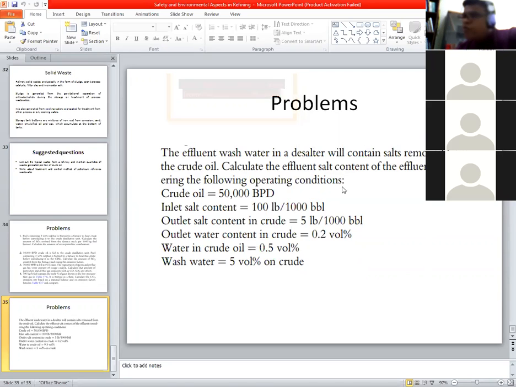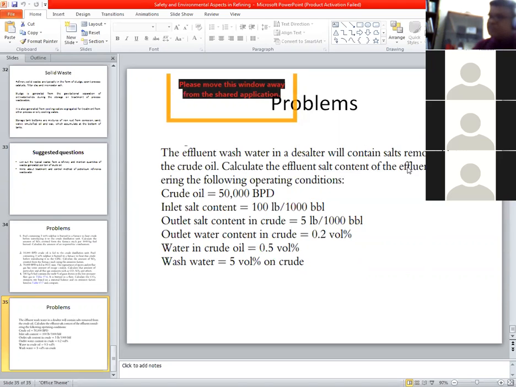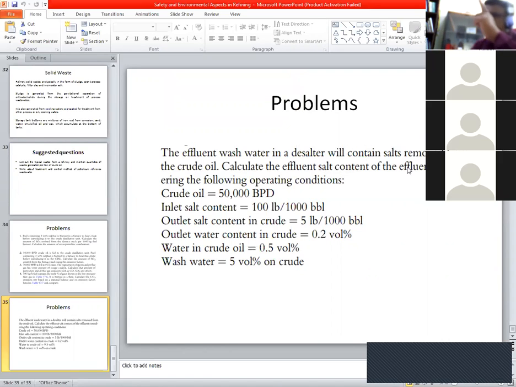Okay, so now the next step, we have to find the salt content in the effluent water. First we calculated the mass flow rate of salt removed by desalter. We got that first, that is 4750 pound per day. We also calculated now the mass flow rate of effluent water.